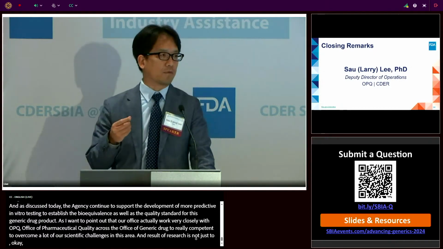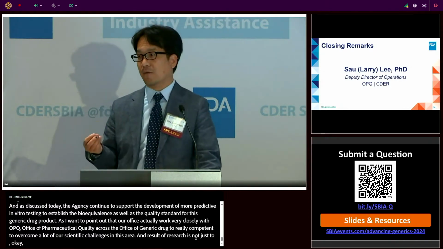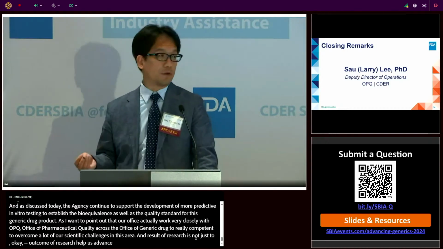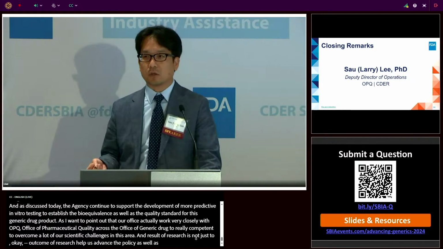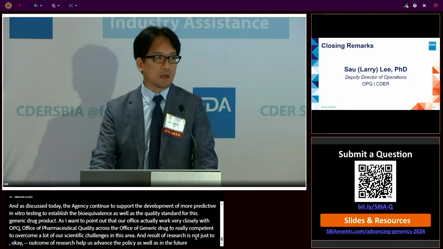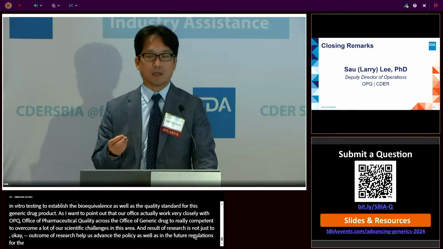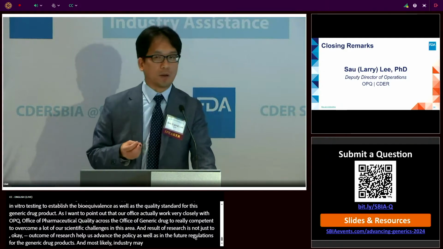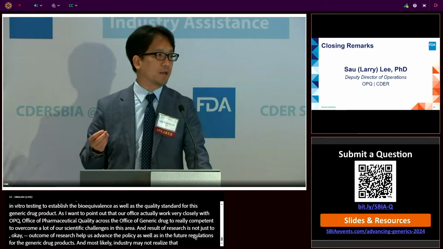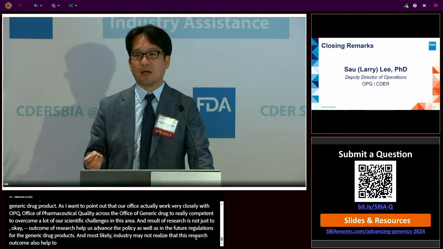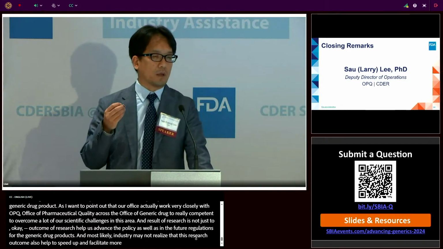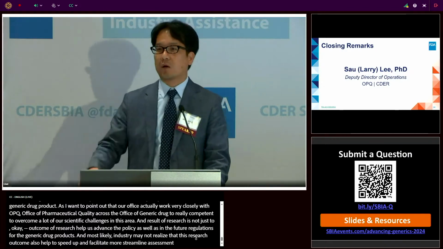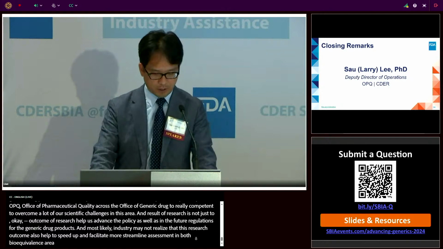The outcome of the research also helps us to advance the policy as well as, in the future, regulation for generic drug products. Most likely the industry may not realize that this research outcome also helps to speed up and facilitate more streamlined assessment in both our bioequivalence area as well as product quality areas.